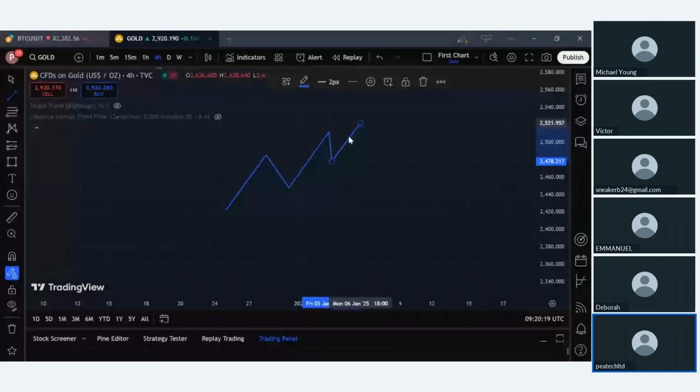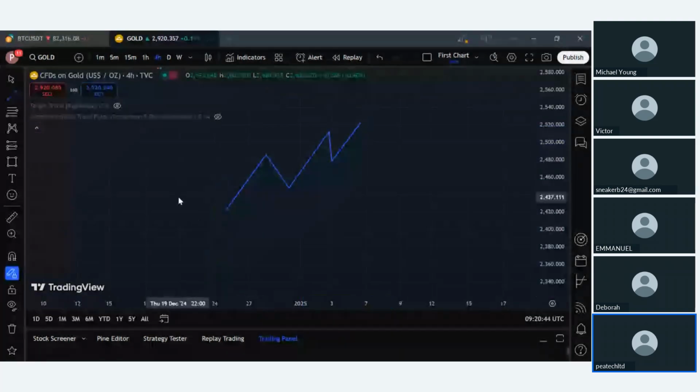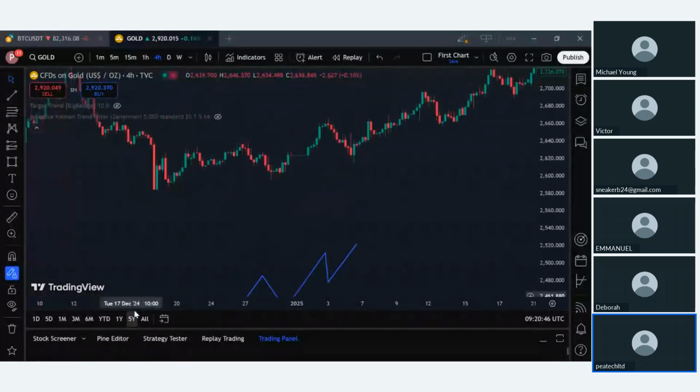Now, why is the market moving like this and in this direction that you are seeing? Remember that this represents many candlesticks. This retracement is also candlesticks. This one is a candlestick, this one is a candlestick. So all these candlesticks that you are seeing, each of them is a candlestick, which represents this move, right?